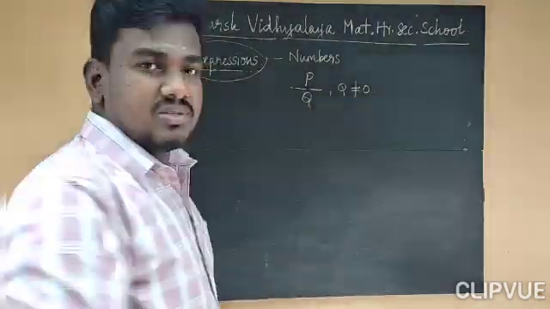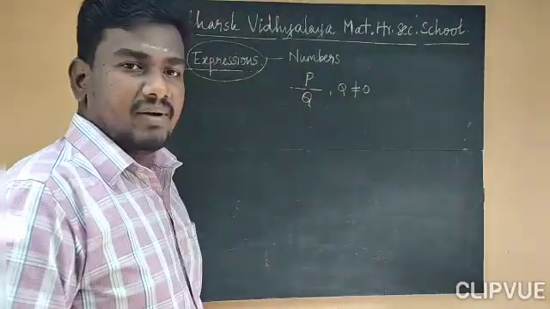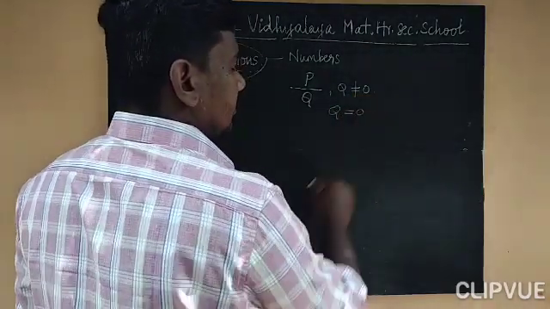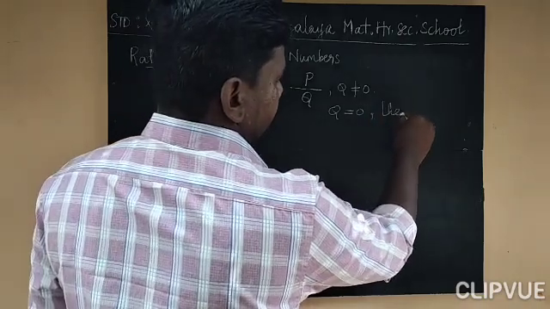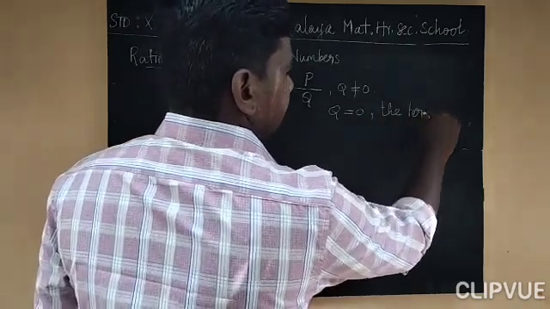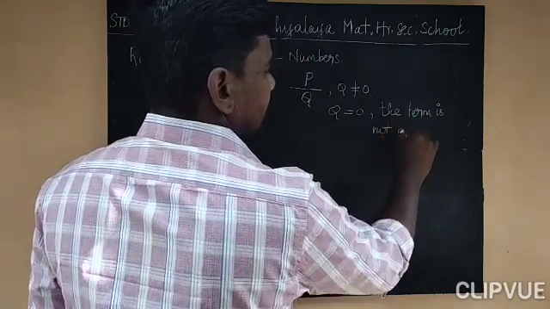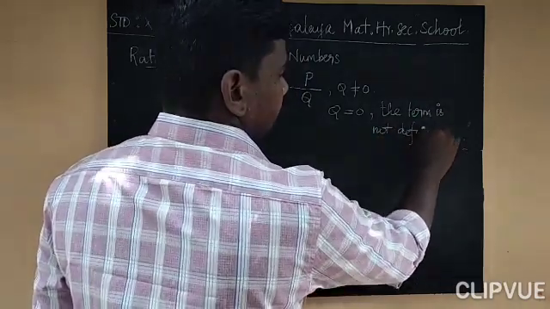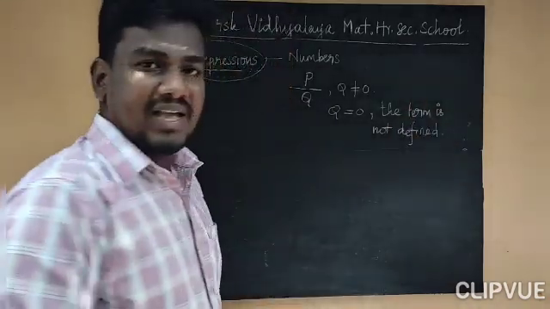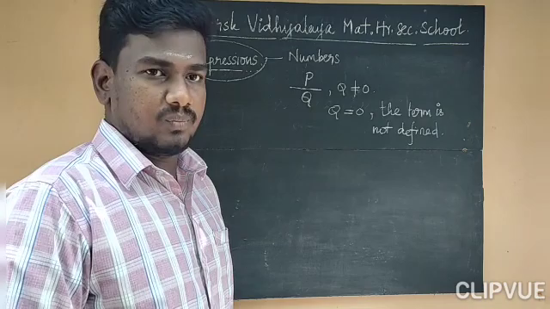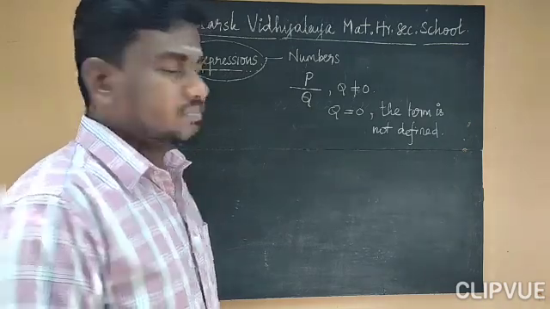If it is equal to 0, the term is not defined. Learn carefully. If Q equals 0, the term is not defined. So we said clearly Q is not equal to 0. I hope you all understood the concept.